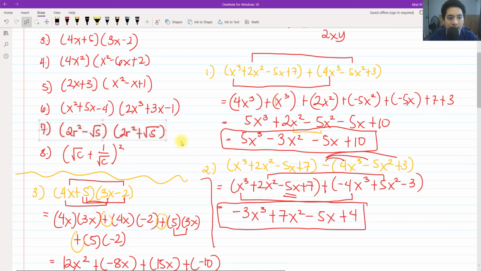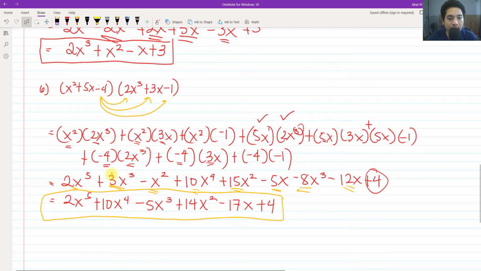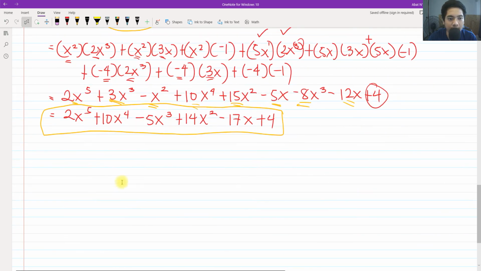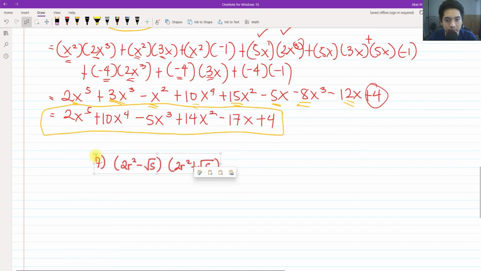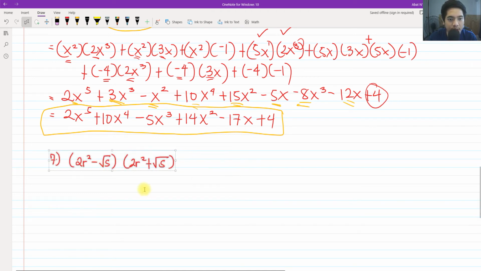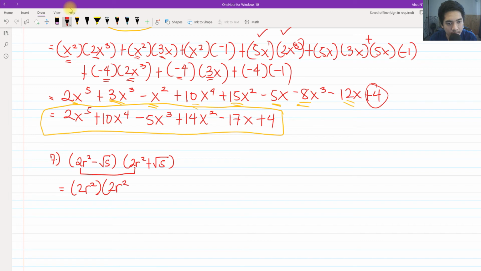So, for number 7, we are asked to find the product of this binomial, which includes a square root. The very first thing we're going to do here is FOIL. Actually, this is a product of a difference. So, 2r squared times 2r squared. That's first.